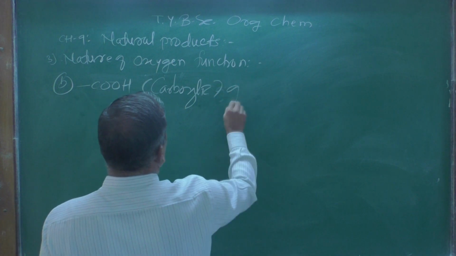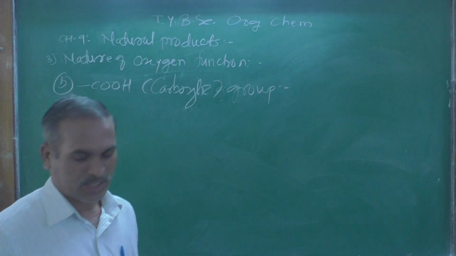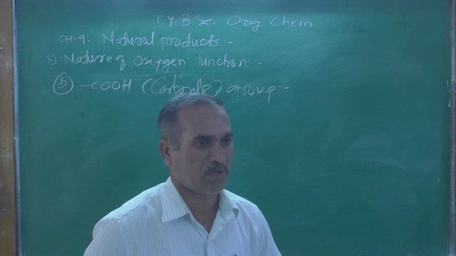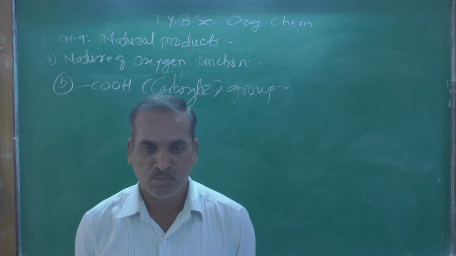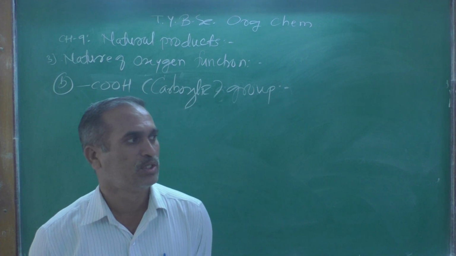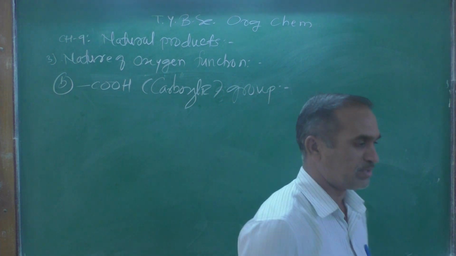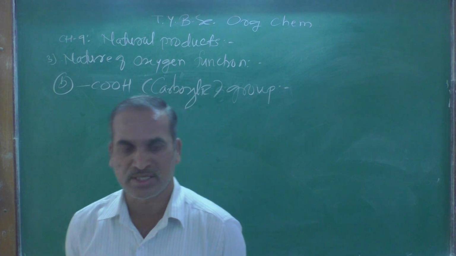The organic compound having the general formula RC double bond O is known as monocarboxylic, dicarboxylic or tricarboxylic, depending upon the number of carboxylic groups present there, we can detect it.